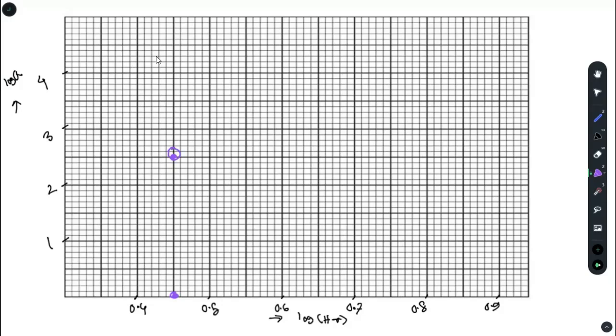Let's mark this. This has been very big, I don't want it that big. Later, let's say 0.65.